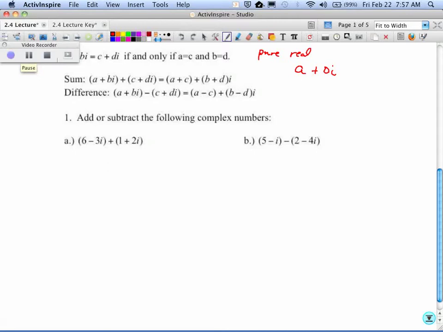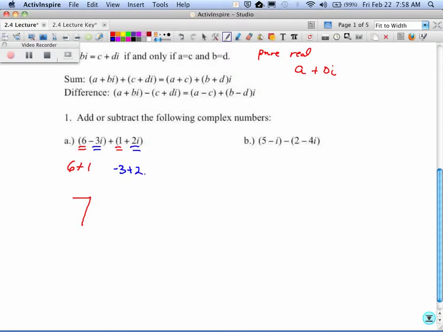So hopefully what you're thinking is, well, I'm adding 2 complex numbers together. It probably makes sense to put the reals together. So what happens when I take 6 plus 1? 7. What happens when we take negative 3 plus 2? What do you get? Negative 1.